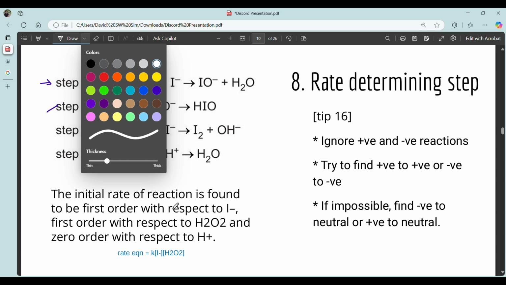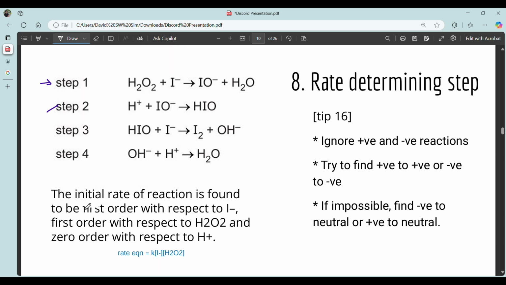What if, instead of being first order with respect to iodide and zero order with respect to H plus, it is second order with respect to iodide and first order with respect to H plus?